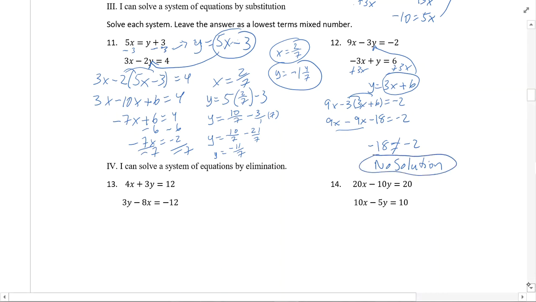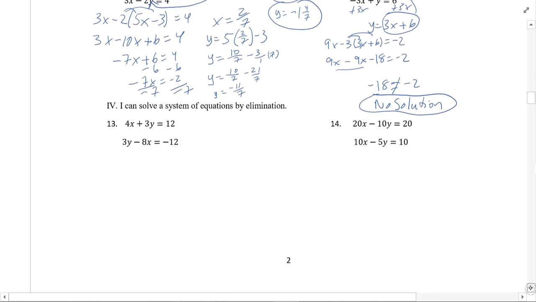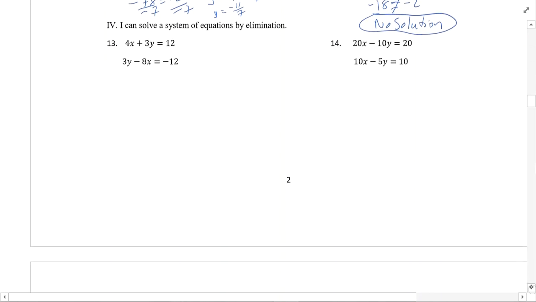All right, so the next one is saying I can solve equations by elimination. Whenever you do the elimination method, you want to make sure the x's are stacked on each other, the y's are stacked on top of each other, and the constants are stacked on top of each other. So in this case, I already have 4x plus 3y equals 12, so I need to rearrange some stuff here.